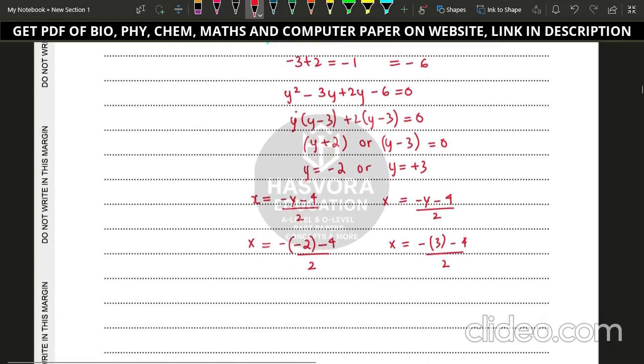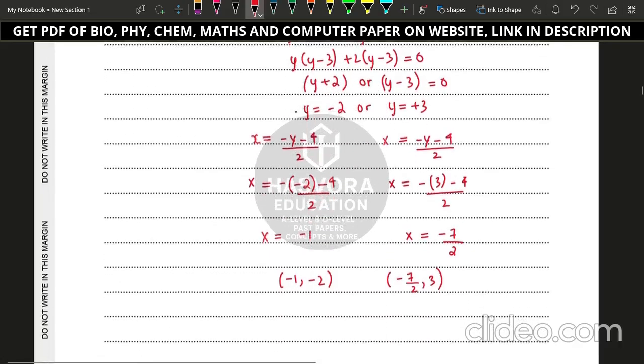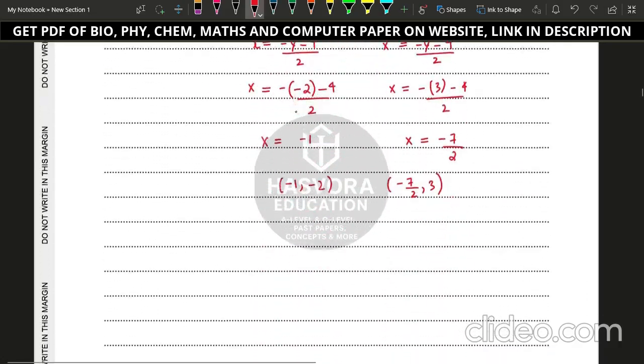Now let's calculate the x coordinates. So this is going to become plus 2 minus 4, so minus 2 divided by 2 is minus 1, and for this one this is going to become minus 3 minus 4, minus 7, divided by 2, so minus 7 by 2. So your one point will be minus 1, minus 2, and the other one will be minus 7 by 2 and plus 3. So these are your 2 points of intersection, and this is going to be your answer for this question.